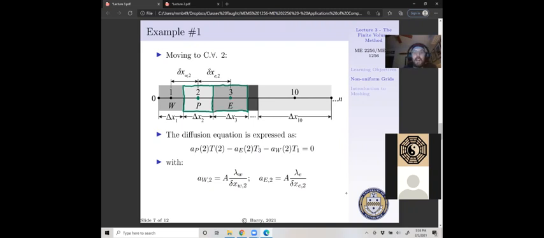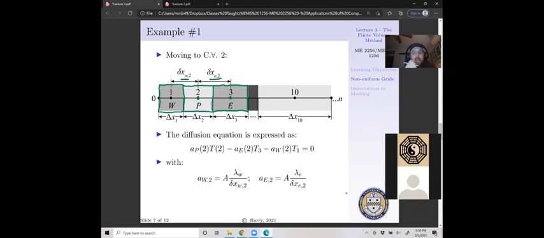T3 is our temperature at our third control volume's center, minus A west T1. And now we actually have a western cell. And this is equal to 0. Now, all we have to do is be cognizant of our change of our delta x west and delta x east variables. They are going to have unique numbers.